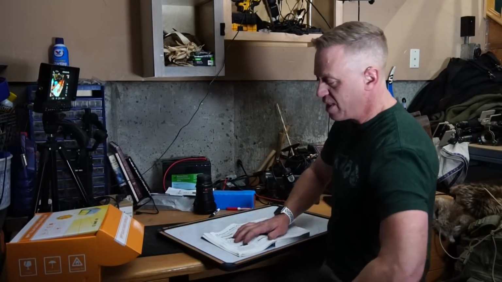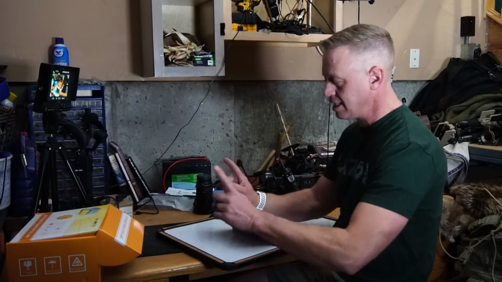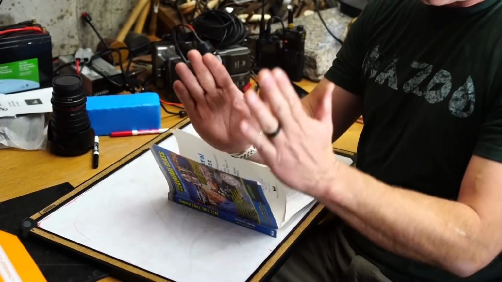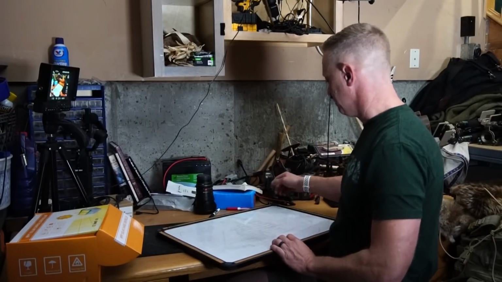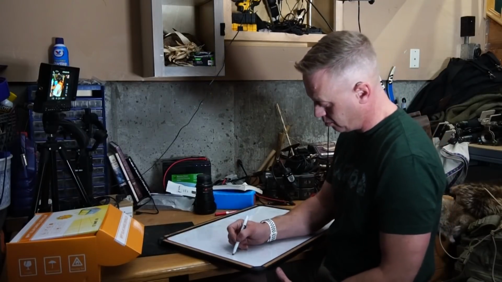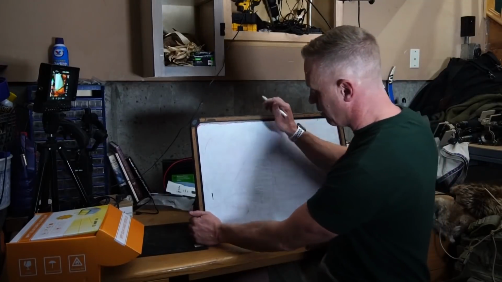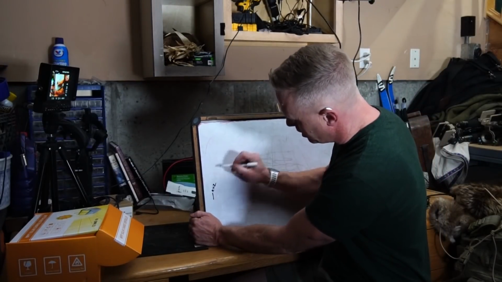Now, let's talk about bands or frequencies. A band is a space on the electromagnetic spectrum that works with one antenna, right? That's really dumbing it down. But if I have 1 megahertz, MHz.